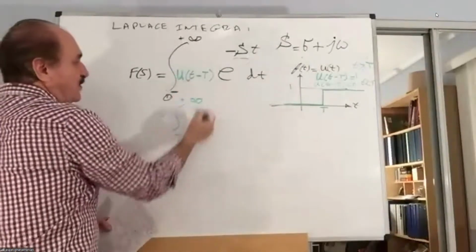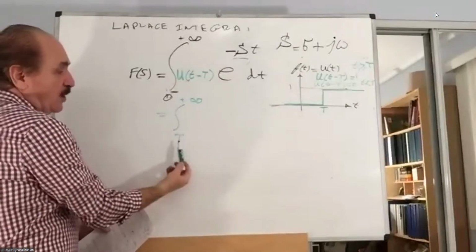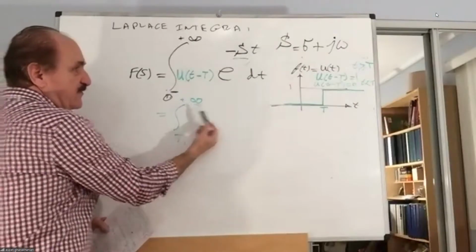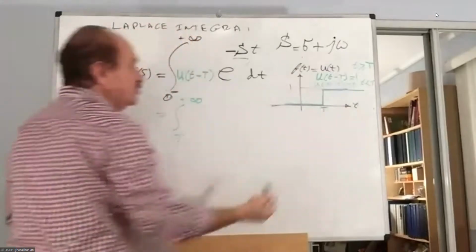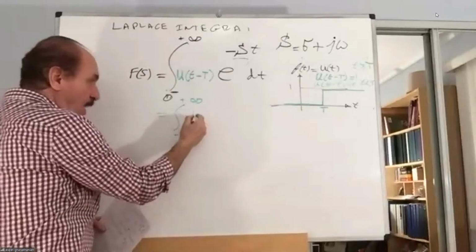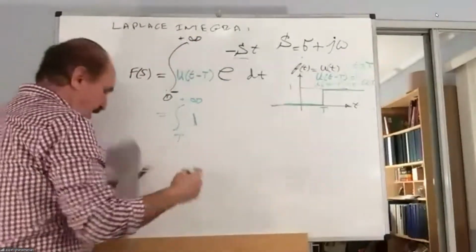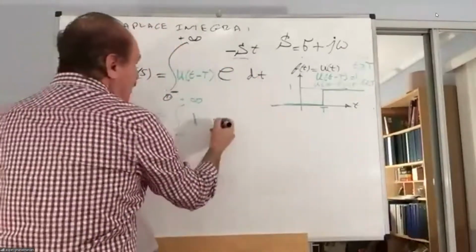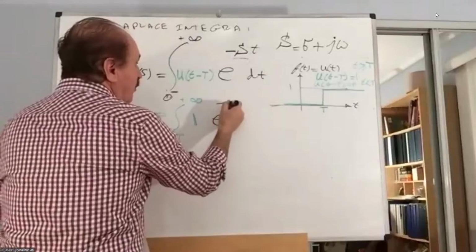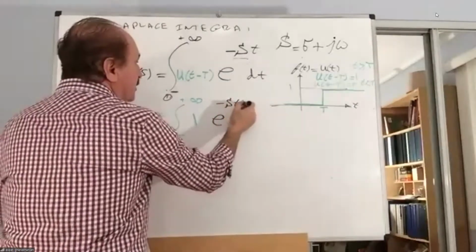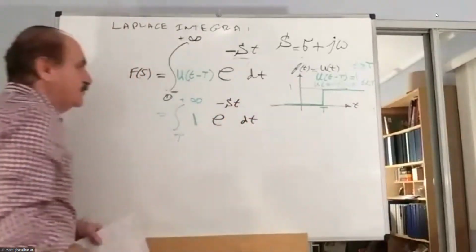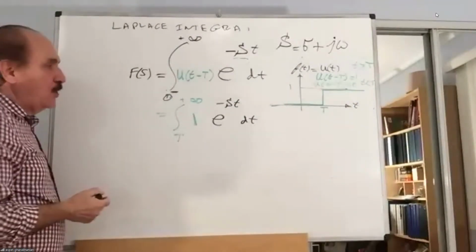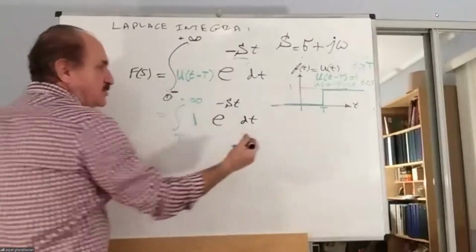Then the integral of u of t. Now we're looking at what time interval? T to positive infinity, which means the value is 1. So I'm going to post 1. Then I will plug in my transformer, e to the power minus st dt. By the same token, we will just integrate this.